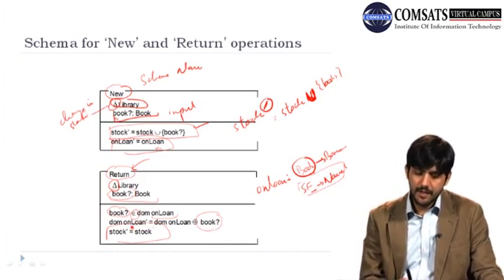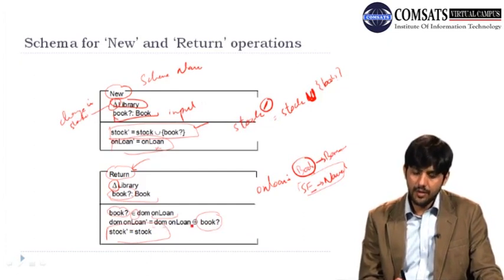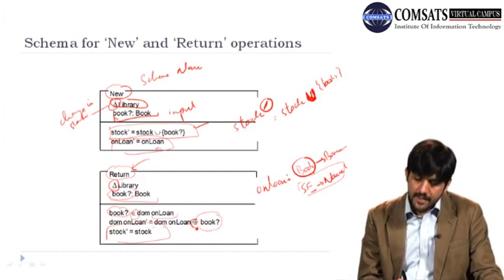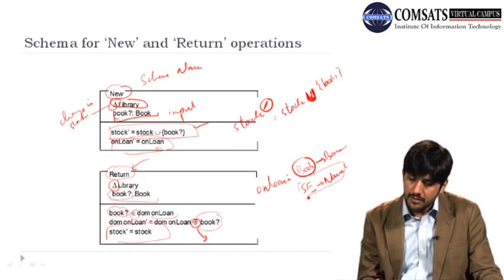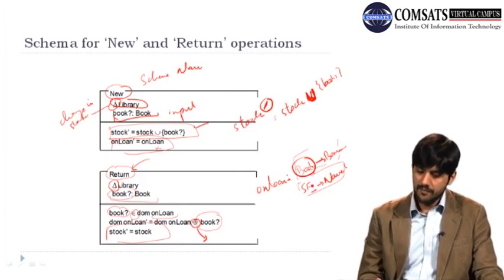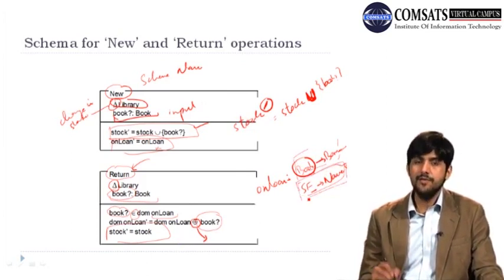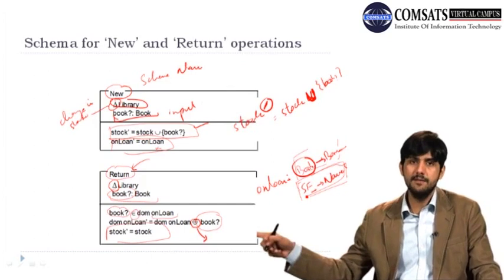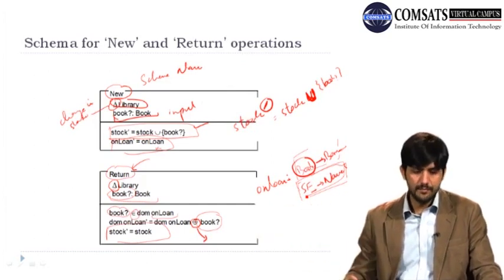So what I'm saying is that this sign actually means that the association that was there is now being removed. So I have a new set which does not say that the software engineering book was issued to Naveed. That is being removed.